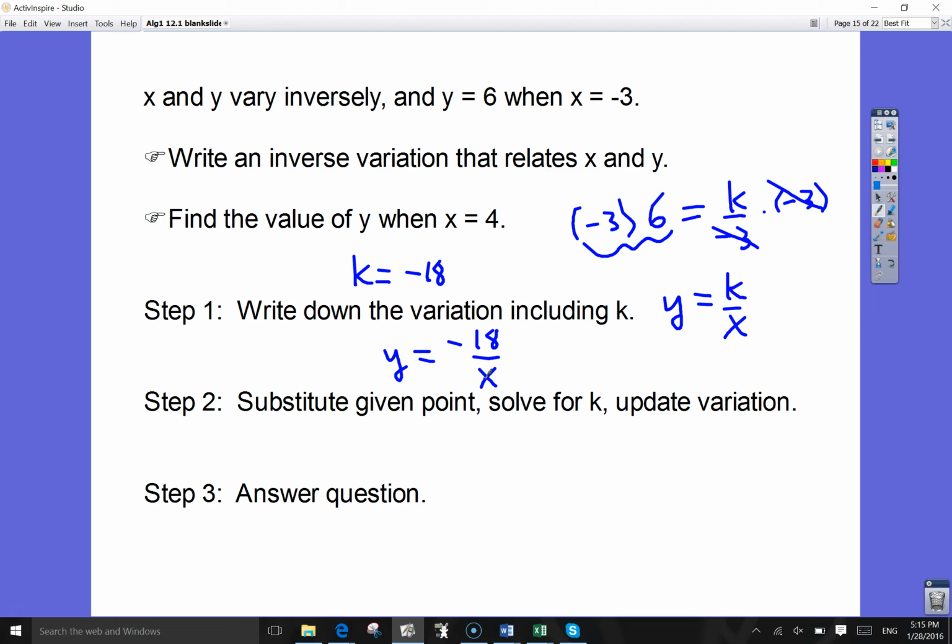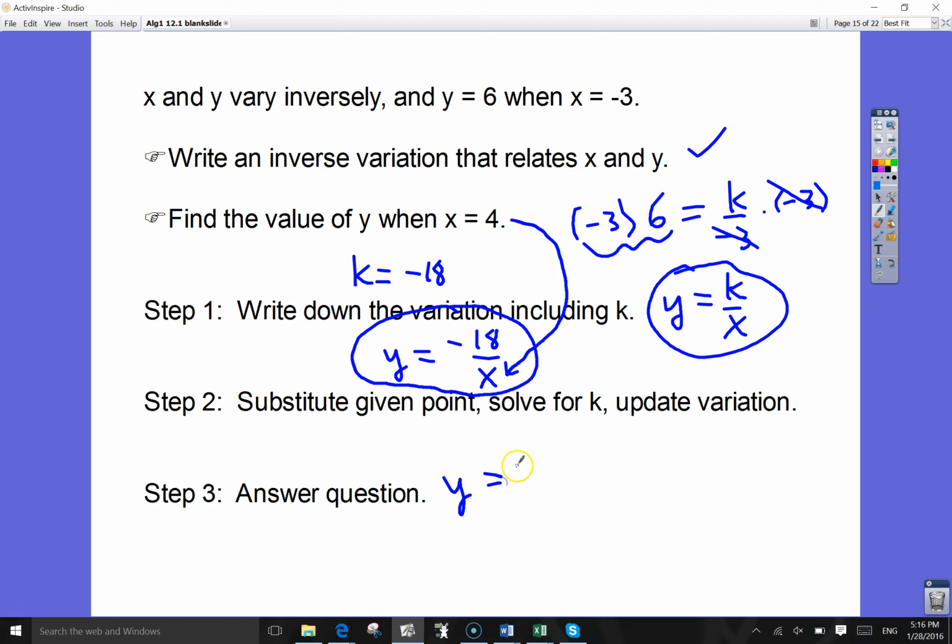Okay, so again, I kind of confused this a little bit. I jumped ahead to the second step. So the first step was writing this down. The second step was using the point so you can calculate k, and so this becomes the result of the second step. And the third step is answer the question, which is find the value of y when x equals 4, meaning take that and put it there.